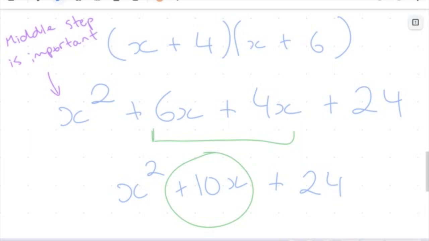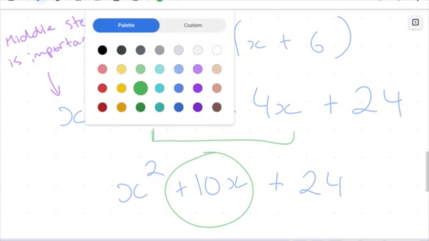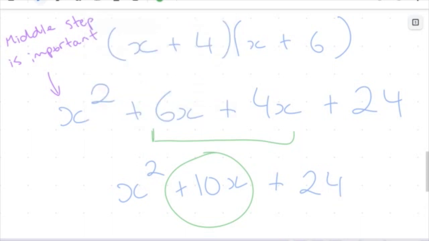But what we have been doing in the previous video, in the attempts of looking for a pattern, we have been expanding. So expansion goes down the line. When I go down to here and down to here, this is a process of expansion. We're starting from a binomial product, getting to an expanded quadratic trinomial.